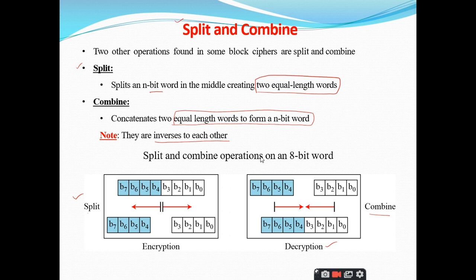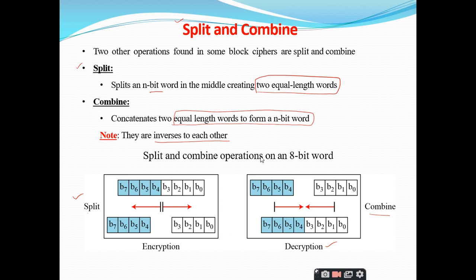Linear and non-linear. Super. Now tell me whether S boxes are invertible or not. Yes, they are invertible, but the concept here is that the number of inputs should be equal to the number of outputs if the S box has to be invertible.